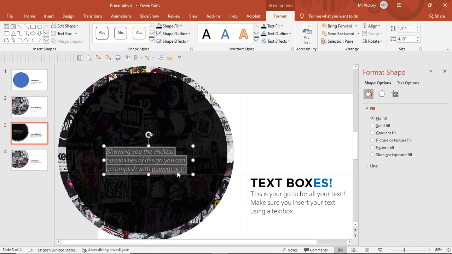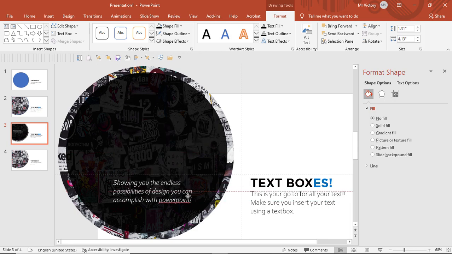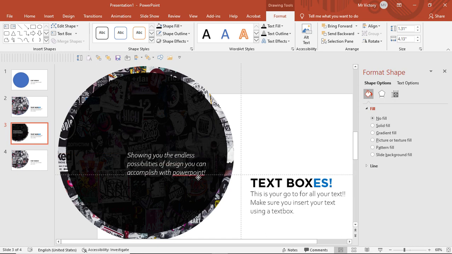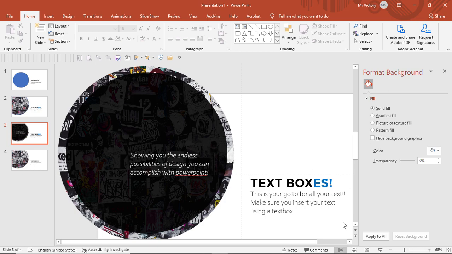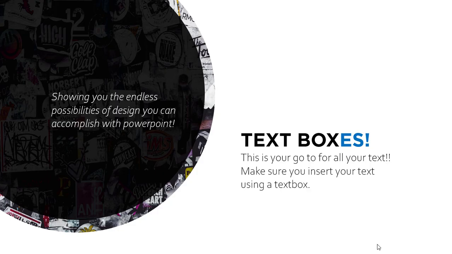Bring it down, bring it up, take it like this, whatever you want to do with it. It's all up to you. Those are the three methods of working with a shape, a font, and an image.